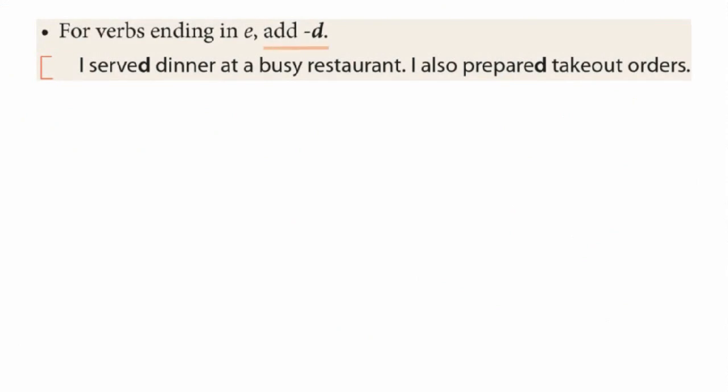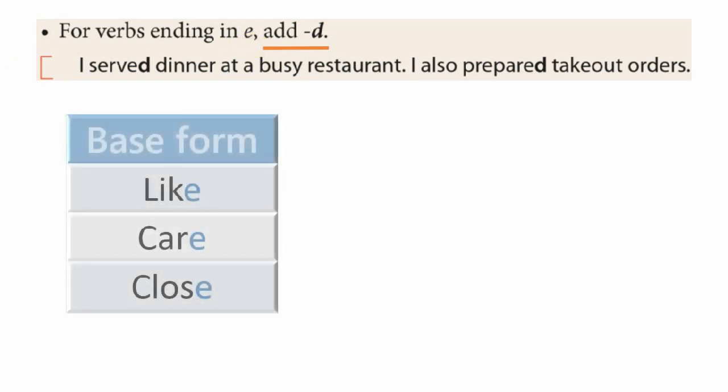Sometimes we have in the base verb already an E at the end. In that case, we only add a D. Have a look at these examples, like, care, يعتني, and close, يغلق.